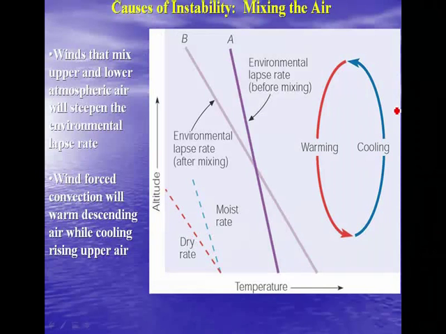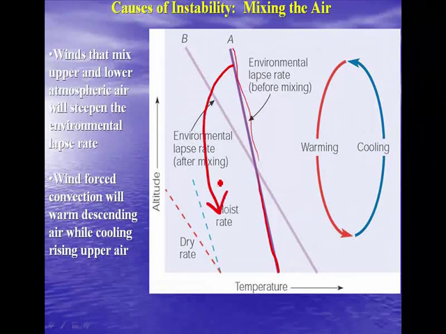Another way that we can trigger instability is to mix the air. Notice that this is the environmental lapse rate, temperature changing with height, before we mix the air. As we bring some of the cooler air down, it begins to warm by compression. Remember, we take air and we move it down in the atmosphere. It begins to compress.